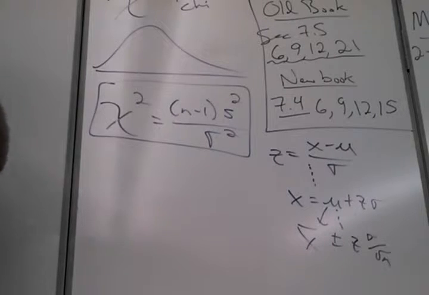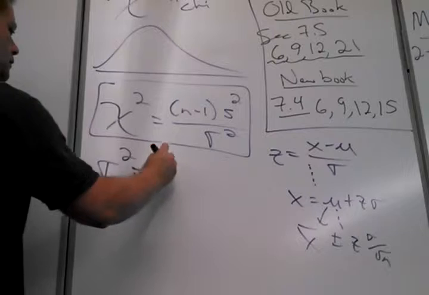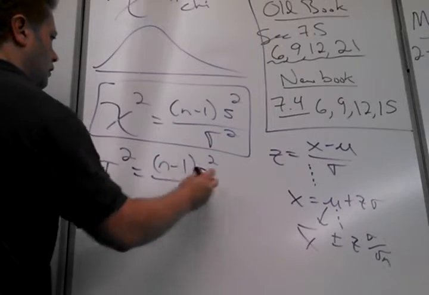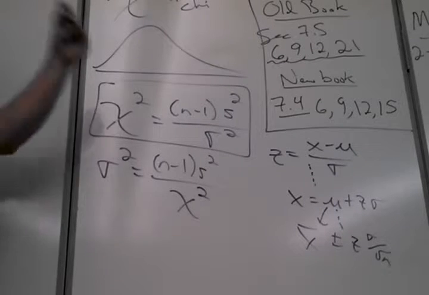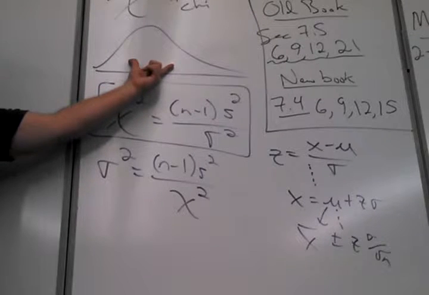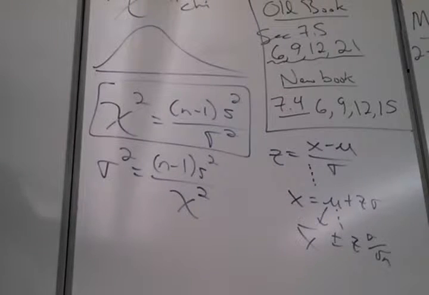So this is kind of like what we did last time. If I solve this for the variance, I get this. And we had this huge discussion about how this is not going to be symmetric. And not only that, but 0 is not in the middle. So not only is it not symmetric like the normal, it doesn't have 0 in the middle.